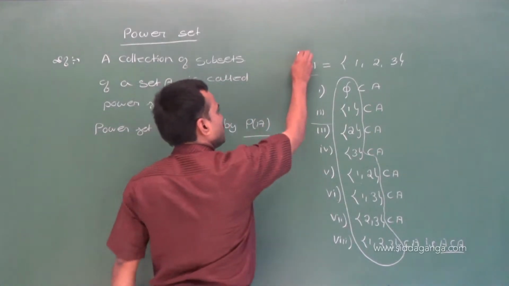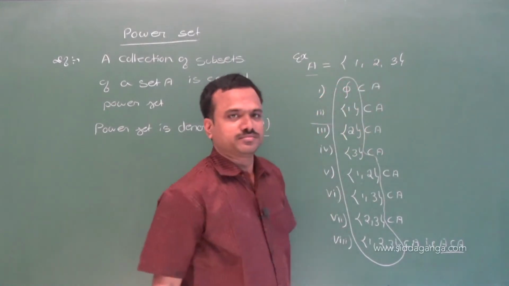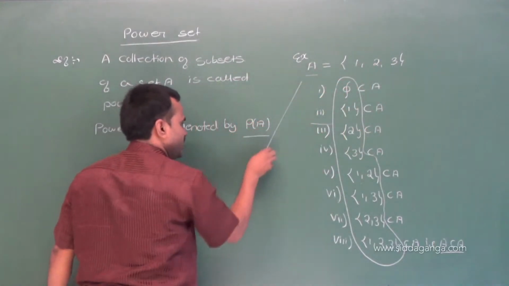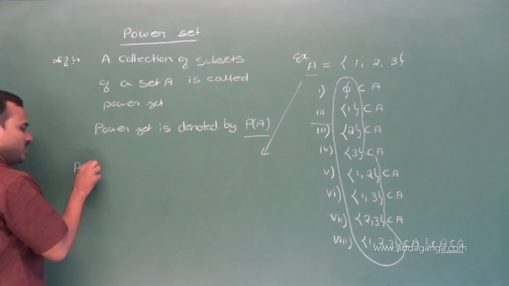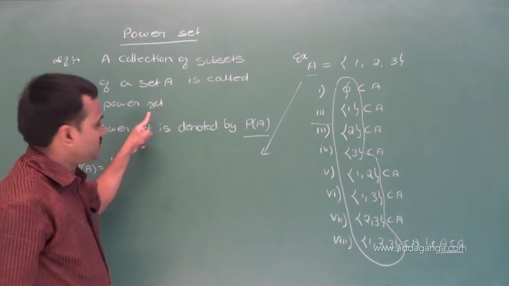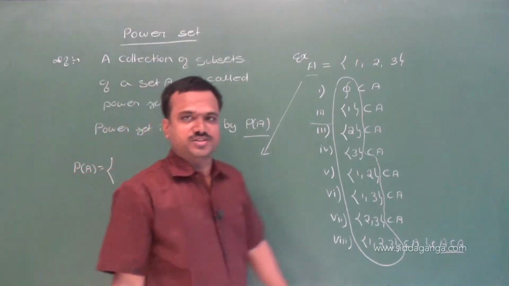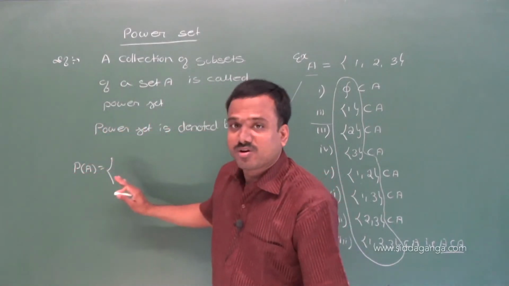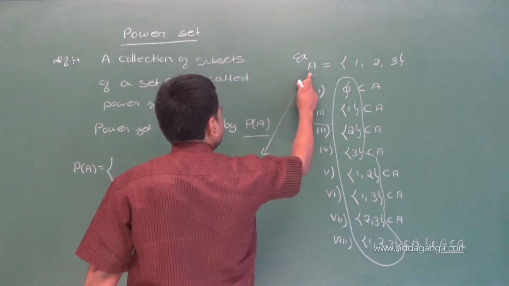For example, A is equal to {1, 2, 3}. Then we write the power set P(A). It is also a set, so we write all the elements within a pair of curly brackets.